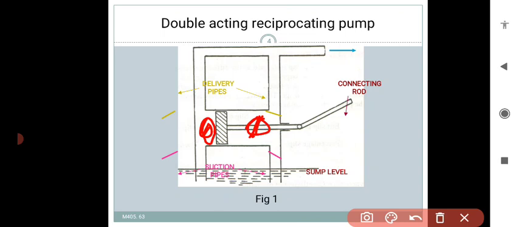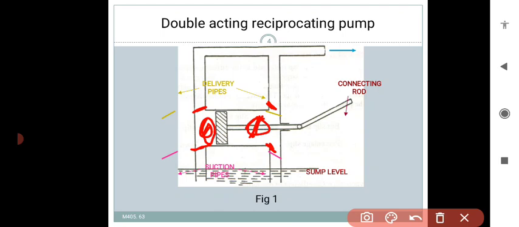Hence for a double acting reciprocating pump, two suction pipes, this is one and this is two, and two delivery pipes are required. In this pump, suction and delivery strokes occur simultaneously.